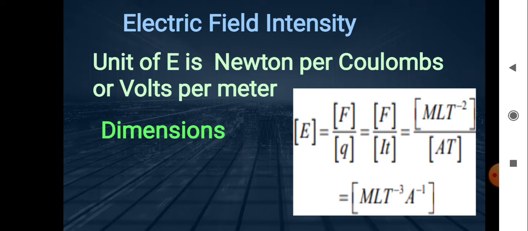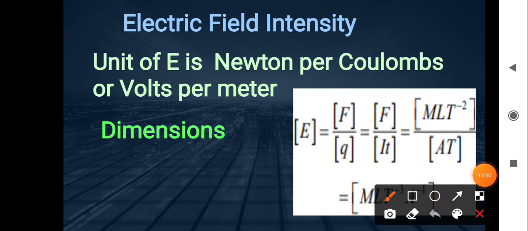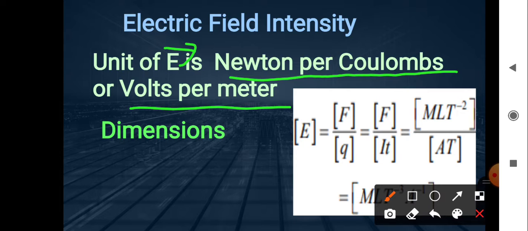Now what is the unit of electric field intensity? Electric field intensity is a vector quantity. It has the unit newtons per coulomb, or it is also measured in volts per meter. Now what is the dimension?